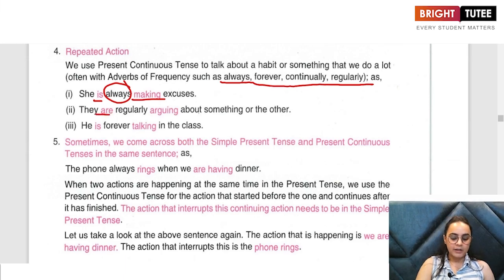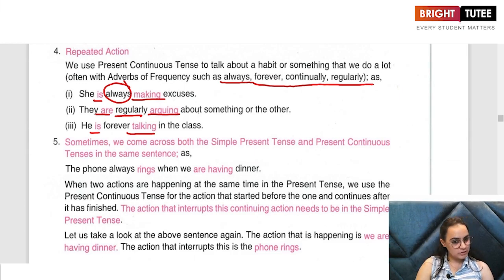They are regularly arguing about something or the other. Regularly, so present continuous tense. He is forever talking in the class. So those actions in which you come across words like always, forever, regularly, continuously, we use the present continuous tense.